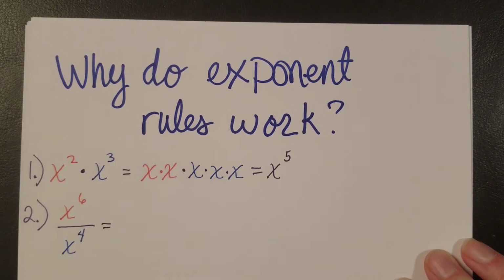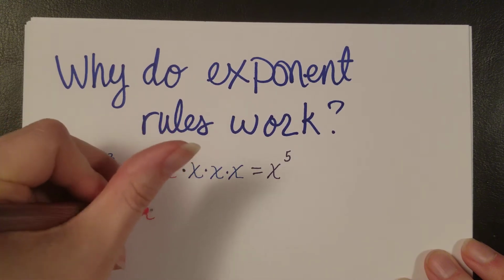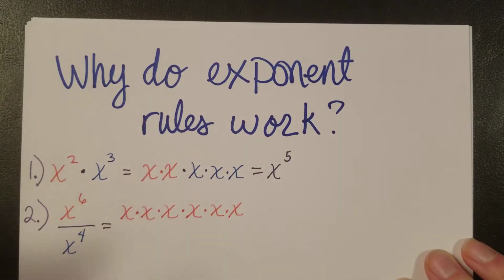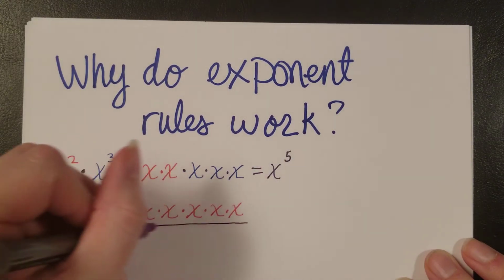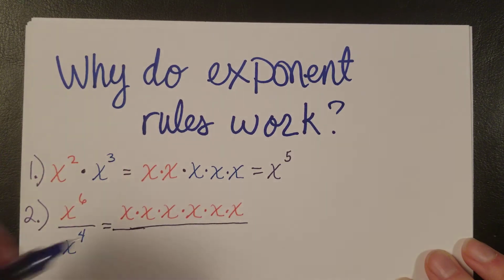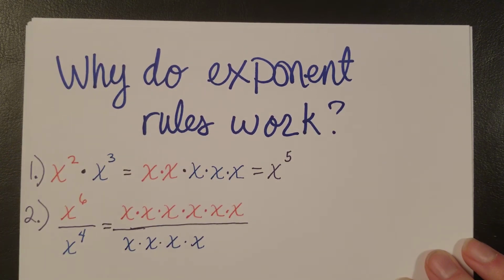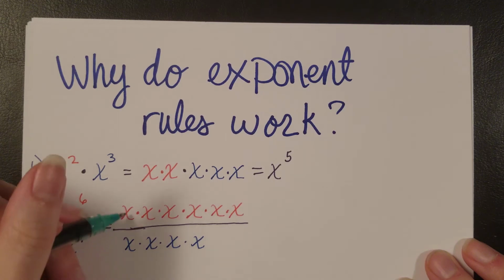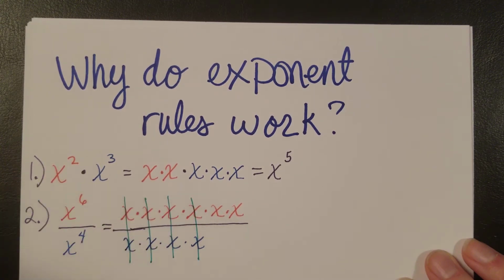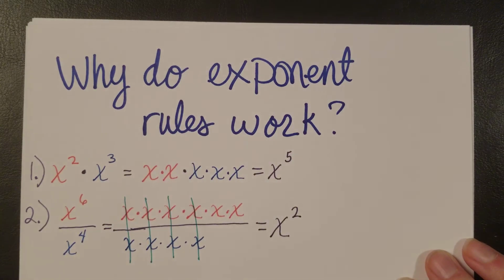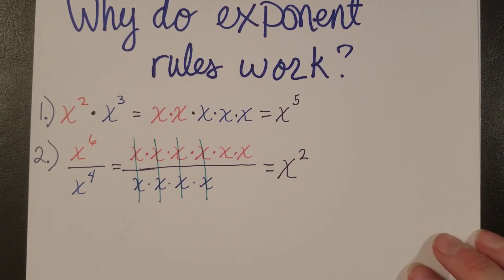Okay, well, x to the 6th power, 1, 2, 3, 4, 5, 6, right? And then over x to the 4th, so 1, 2, 3, 4. Okay, well, we would just cancel like so, and what we have left would be x squared. So the rule is just basically a shortcut telling us that we can subtract 6 minus 4 to get 2.